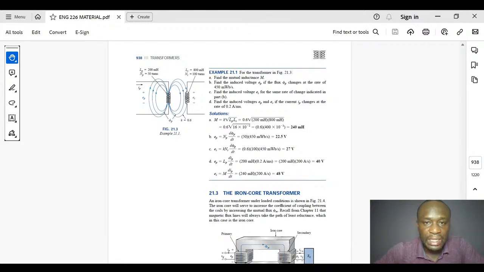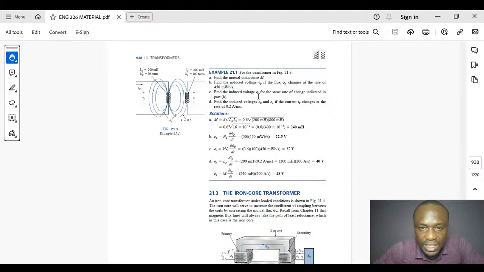So let's solve an example. Let's say for the transformer in figure 2.21.3, find the mutual inductance. Find the induced voltage EP if the flux phi P changes at the rate of 450 milliweber per second.